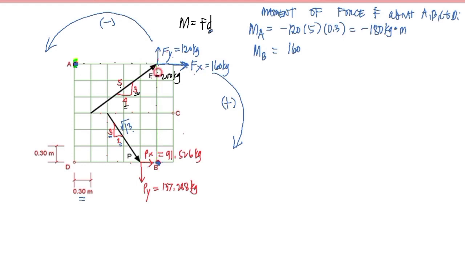We have here 1, 2, 3, 4, 5, 6. So, we have 6 blocks and each block measures 0.3 meter. So, that's 0.3. And computing for this, we have here 288 kilogram meter.